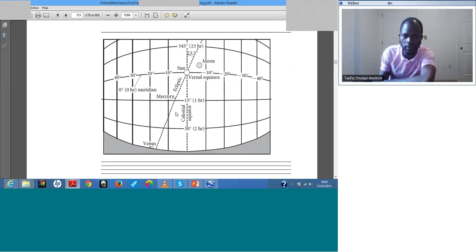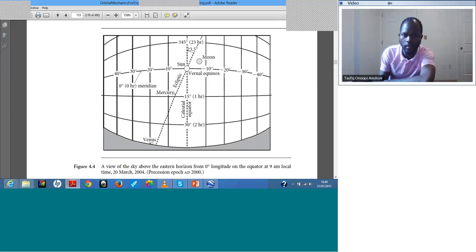This figure shows how the heavenly bodies appear on the night sky. We see here the celestial equator, and then the ecliptic plane. The point at which they coincide gives us the vernal equinox line.